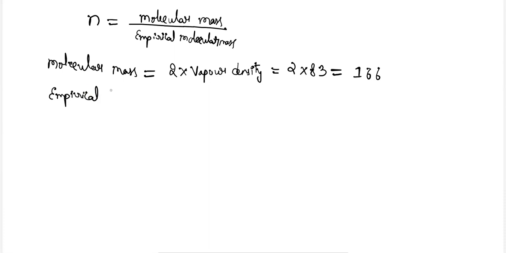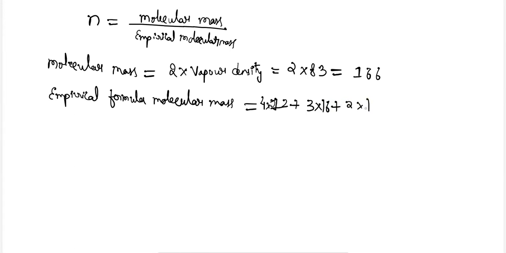The empirical formula mass is equal to 4 into 12 plus 3 into 1 plus 2 into 16.